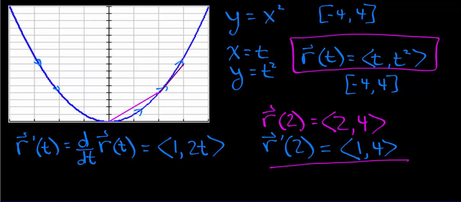In other words, we've got the vector 2, 4, and the derivative is 1, 4. The way I'm going to represent the derivative is to make the initial point of the derivative the terminal point up here.